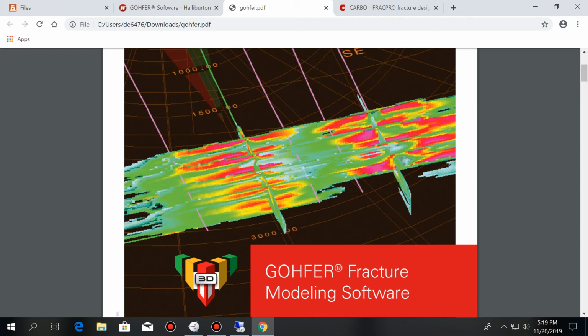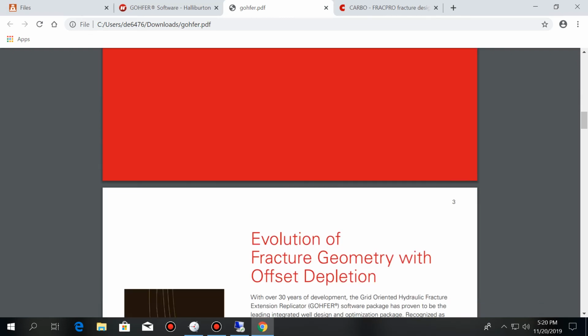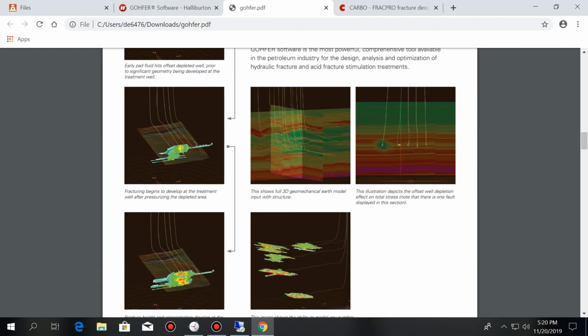Let's say fracture number 2 started to propagate before fracture number 1, so that's going to have some effect on fracture number 1, and you need to take that into account. So you're going to have the simulation of multiple fractures propagating at the same time. At some point, you may even have some fractures that do not propagate at all because of the influence of other fractures.